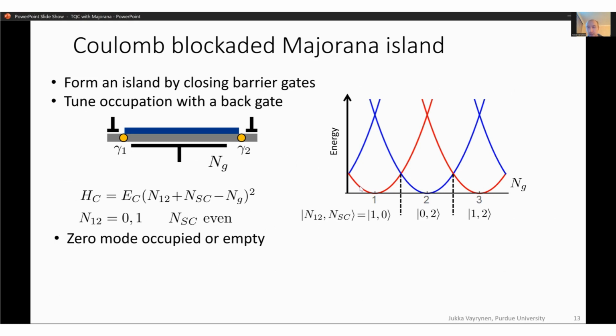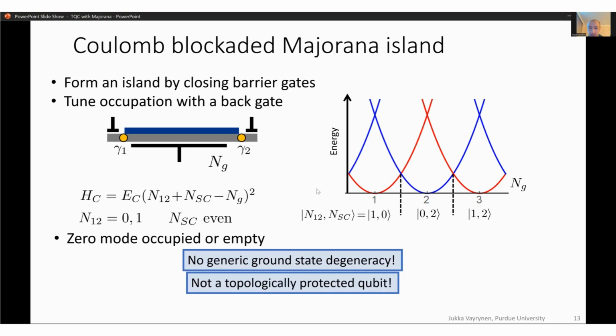And what you see is that for a generic value of Ng, the gate charge, the ground state will be a unique state, and the ground state is given here on the bottom. This means that this doesn't make a good topological qubit because it doesn't have ground state degeneracy, except for these fine-tuned points, which are these dashed lines at half integer values.